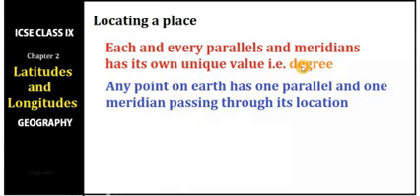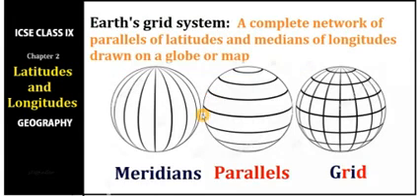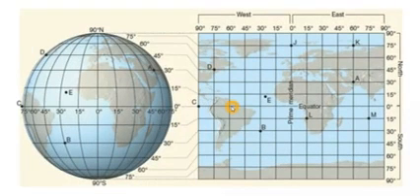Any point on Earth has one parallel and one meridian passing through that location. That means both the meridian and parallel cross each other at that place. That value or degree is very important to locate a place.